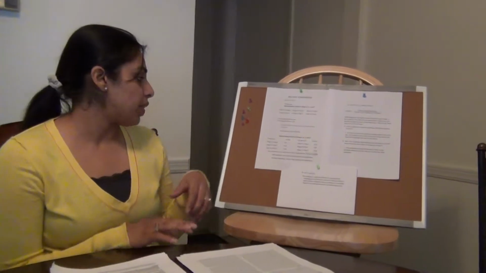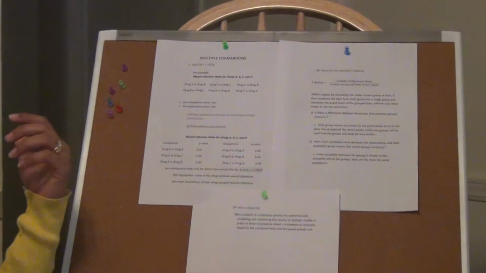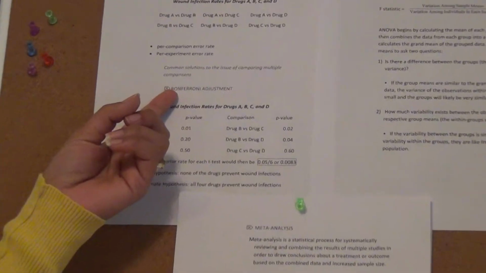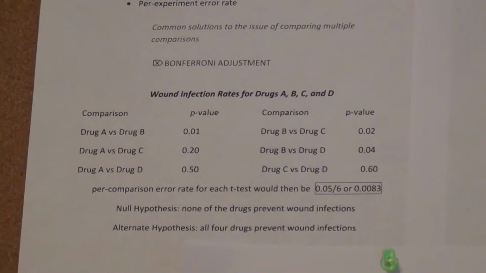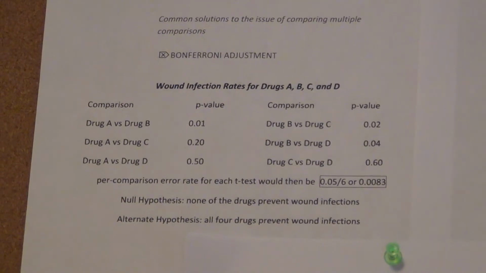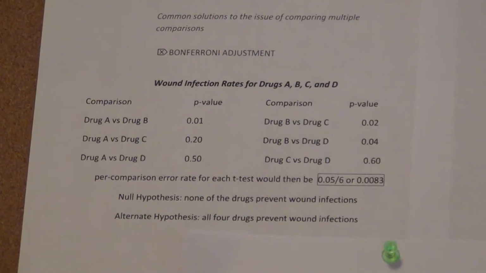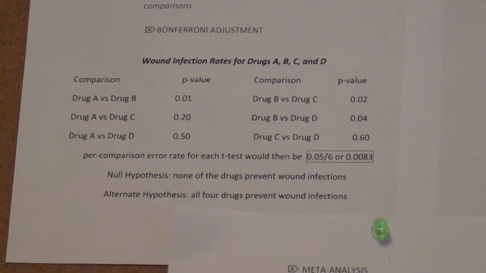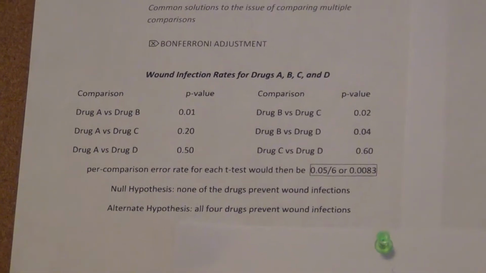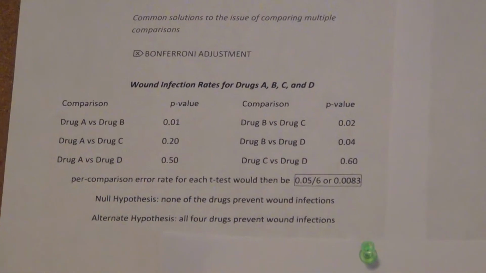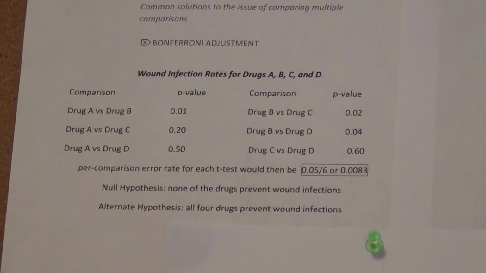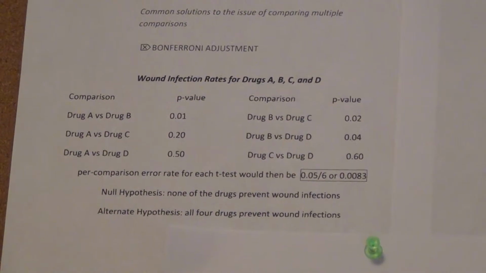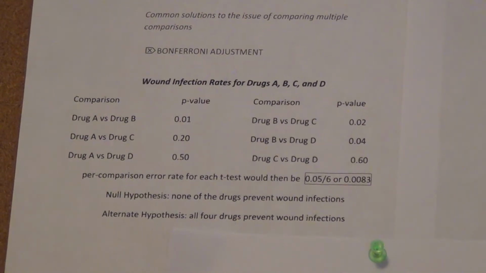So what options do we have while dealing with multiple comparisons? We can go for the Bonferroni adjustment. So what is it? It basically focuses on whether all the groups are different from each other and how it's going to benefit us. Let's see. Basically we want to determine that all the 4 groups are different from each other, all 4 antibiotics, with a 95% confidence level and statistical significance at 0.05.